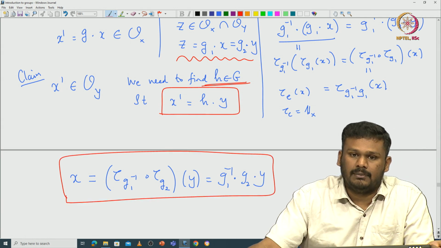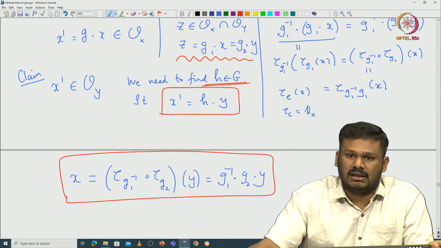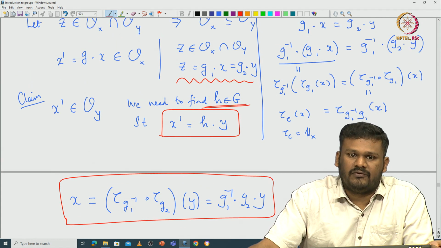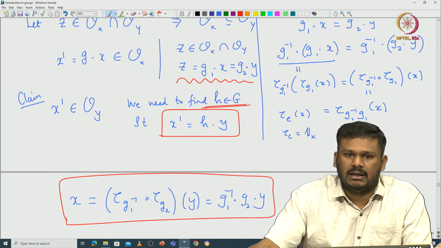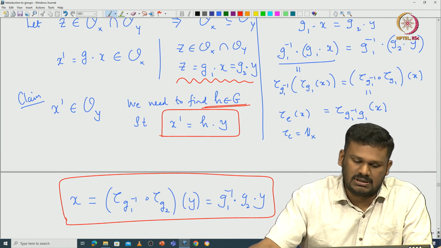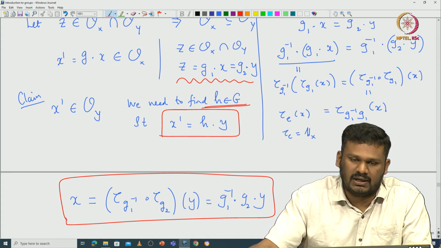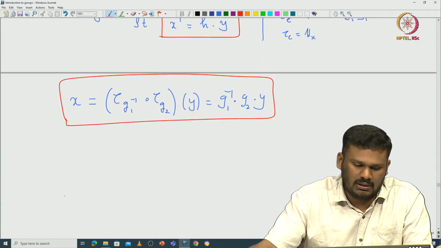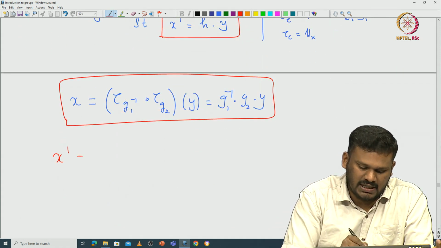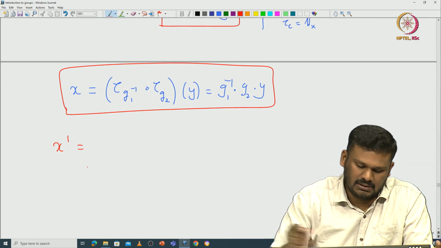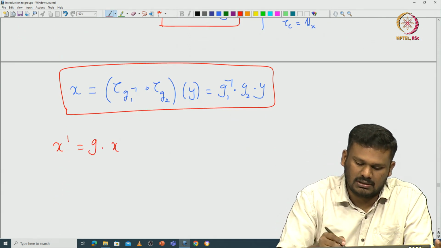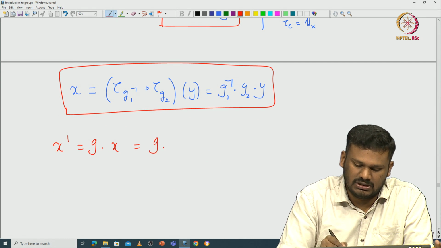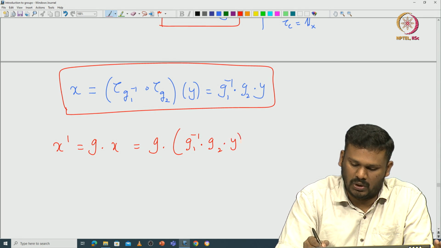So, in some sense x is in the orbit of y. Now, if x is itself in the orbit of y, then if you take any other conjugate of x, all these elements g dot x are called conjugates of x, that will again be inside the orbit of y. Because x dash is g dot x, which is exactly g dot g1 inverse dot g2 dot y.